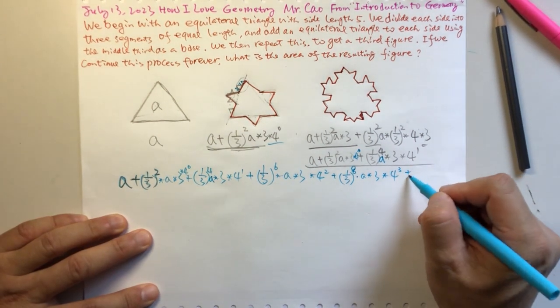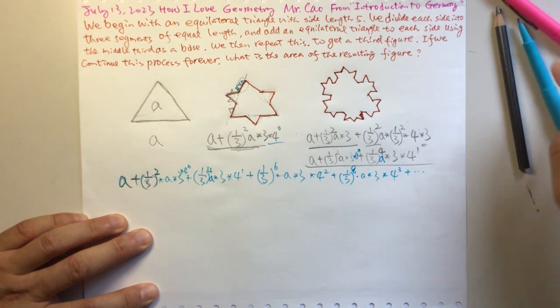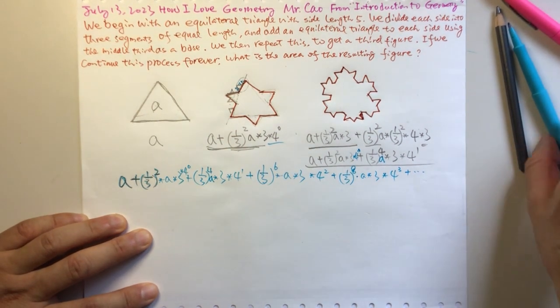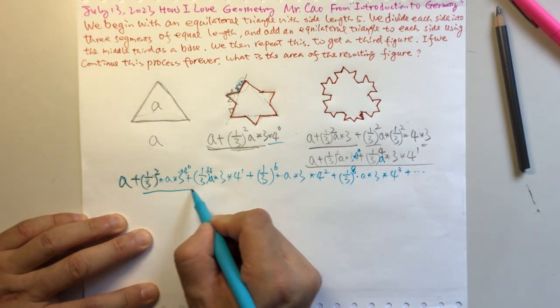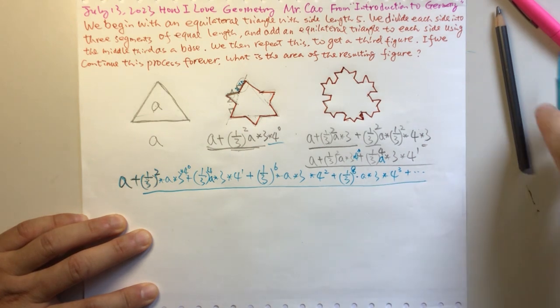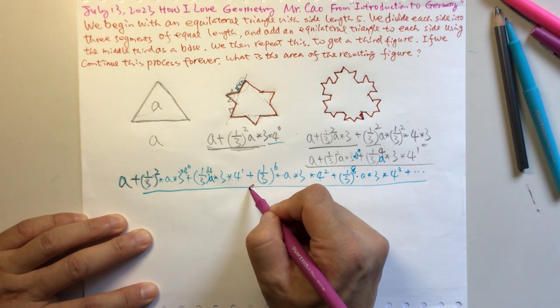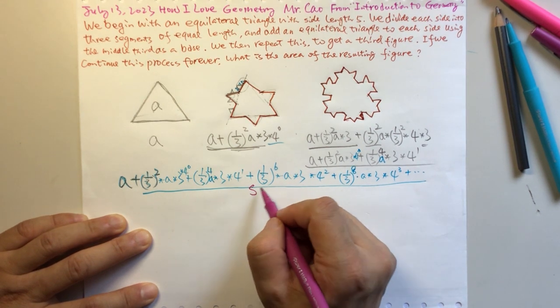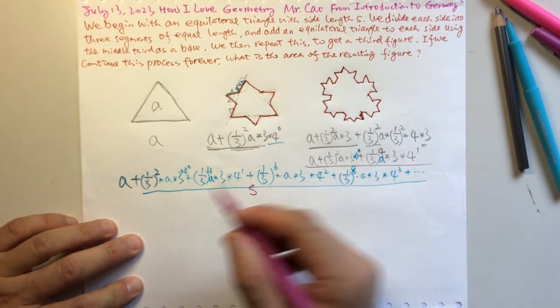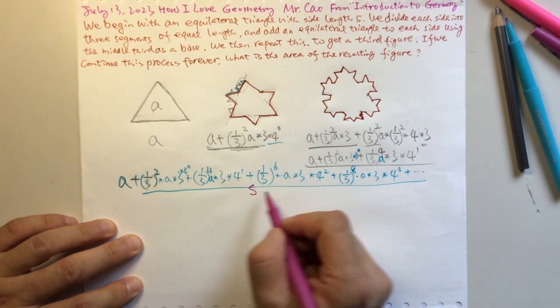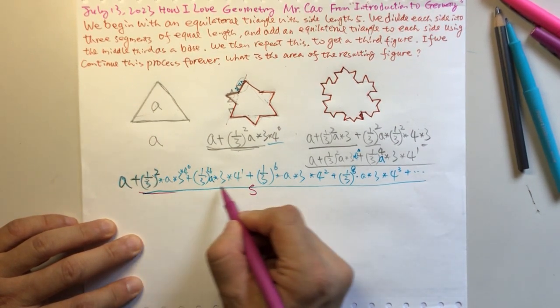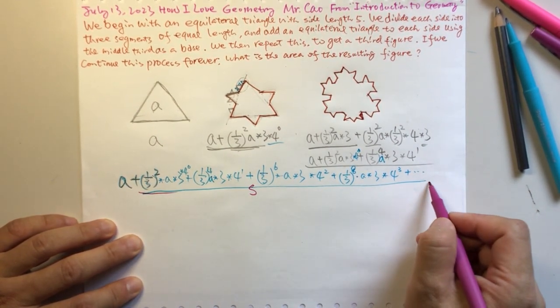Yes. We know this is a geometric sequence, right? So let us say the sum of this is S, and we know the formula to find the sum of all of this geometric sequence.